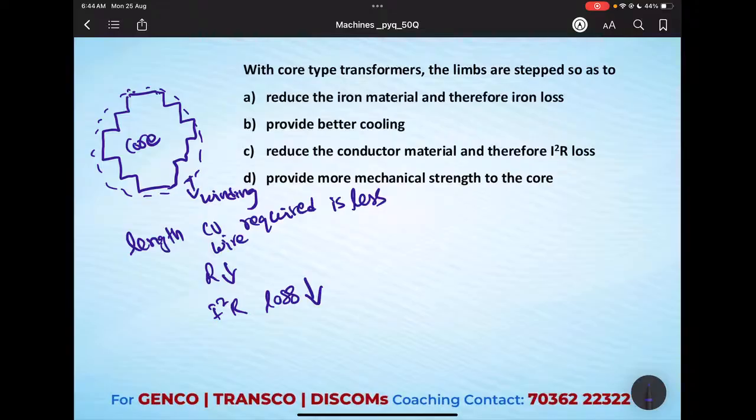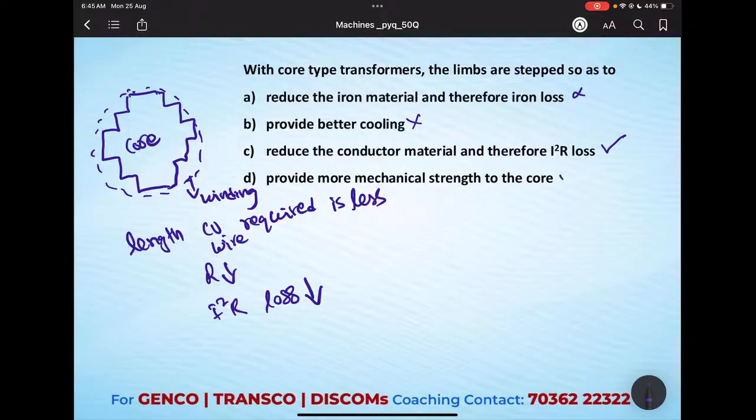Reduce the iron material and therefore iron losses. No, iron losses do not depend on this. Provide better cooling. No, with this we can't provide any cooling. Reduce the conductor material and therefore reduce the I square R losses. Our option is C. We will see the D option also. Provide more mechanical strength to the core.